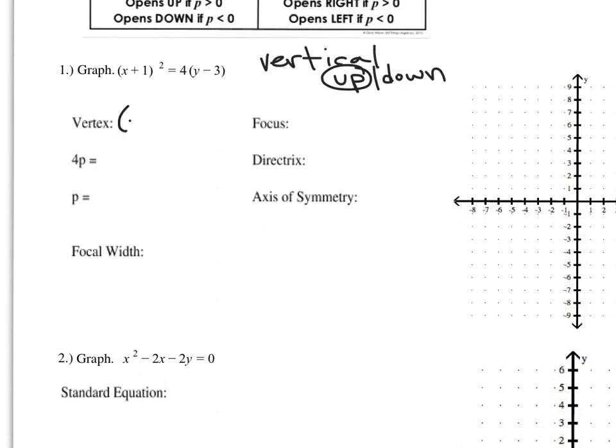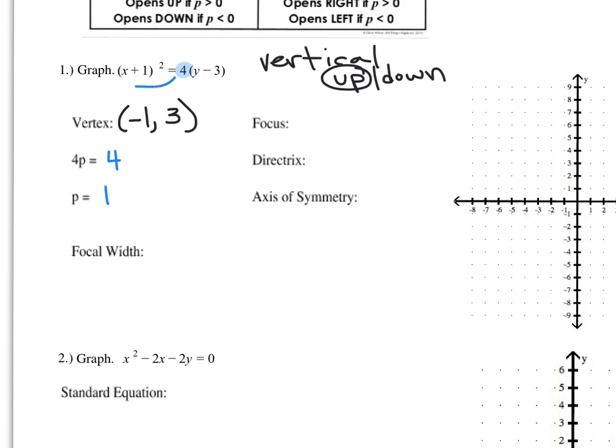Now the vertex: your h value is -1 and your k is 3, just like we found them back when we talked about functions. The 4 right there that we used to determine that it opened up is the value 4p, which also tells you what the p value is. If 4p equals 4, then p has to equal 1.